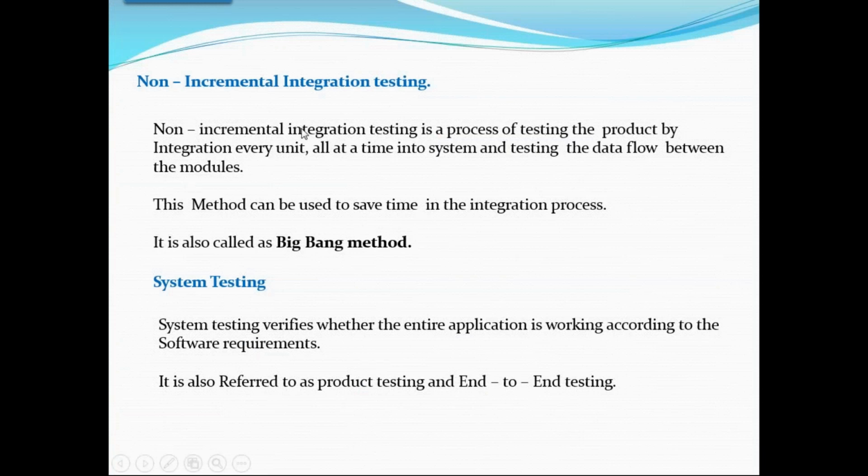So non-incremental integration testing is a process of testing the product by integrating every unit all at a time into the system and testing the data flow between the modules. By this method we can save time in the integration process. This is also called the big bang method. Sometimes in an interview they will ask you what is the big bang method. You can say that we got 4 modules at a time, and we can test all at a time.